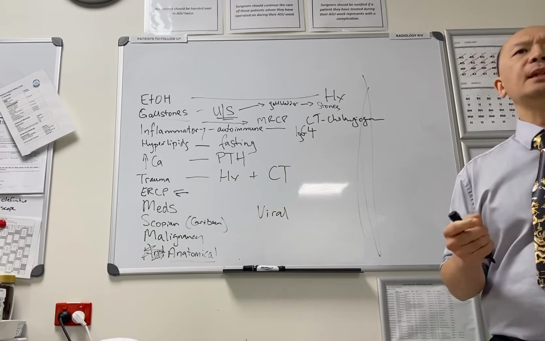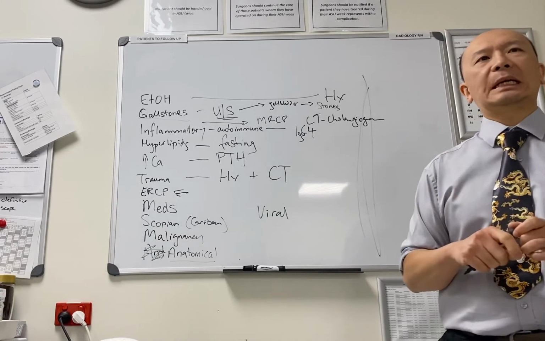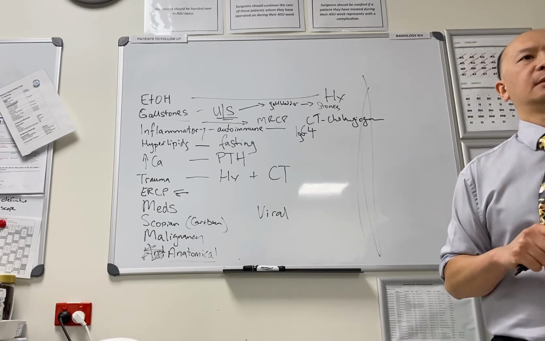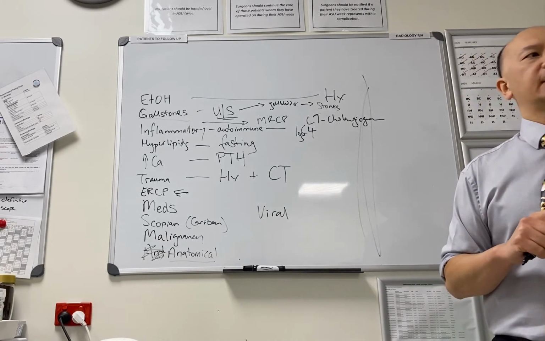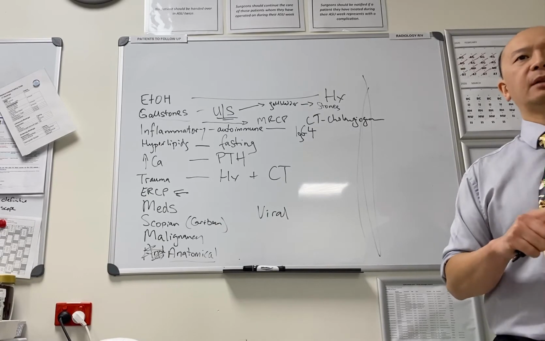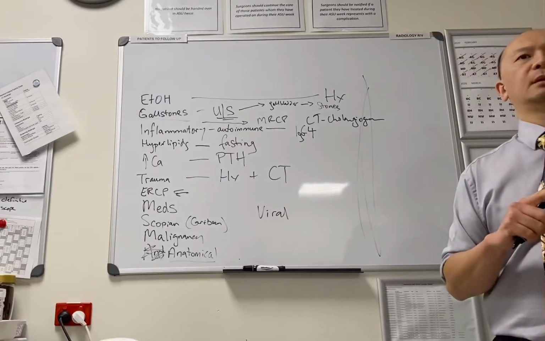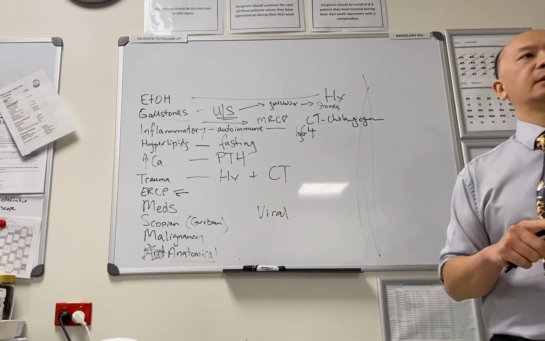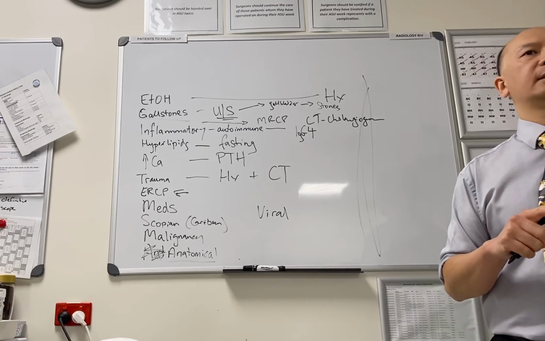So if someone's got pain after their ERCP, what are you thinking of? What are the four main complications of ERCP? Pancreatitis is obviously one of them. Perforation, cholangitis, and bleeding.